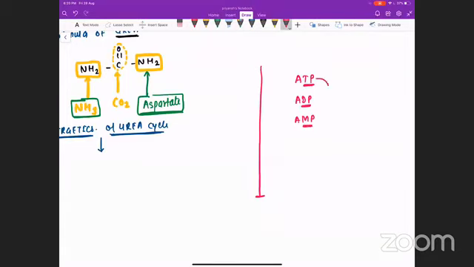If you take ATP and remove one phosphate, it will convert into diphosphate. If you take ADP and remove one phosphate, it will convert into monophosphate. If you convert ATP directly into monophosphate, you need to remove two phosphate molecules. This is a simple concept.